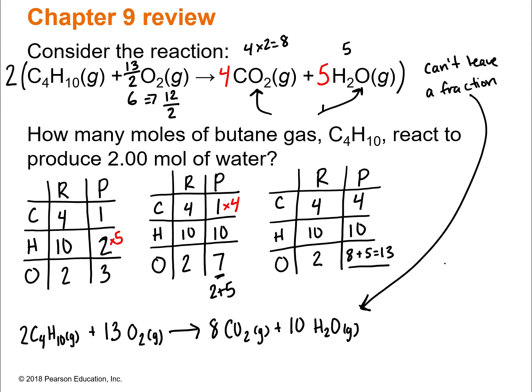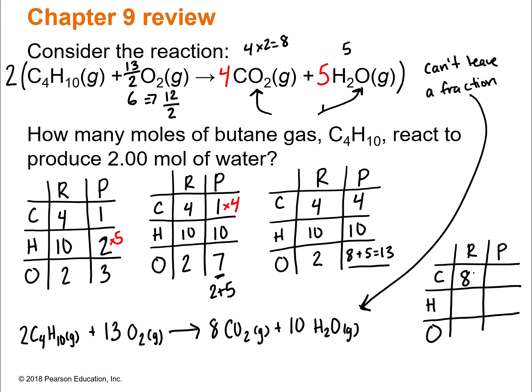And I'll show you that it's balanced. We've got 8 carbons, 20 hydrogens, and 26 oxygen atoms.